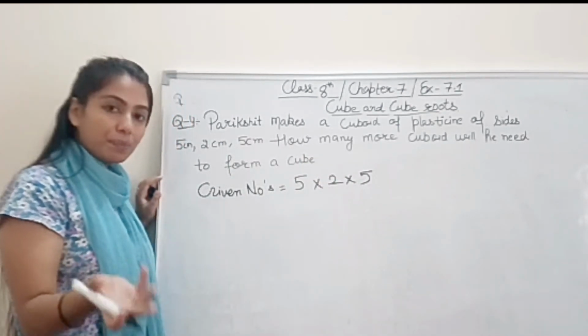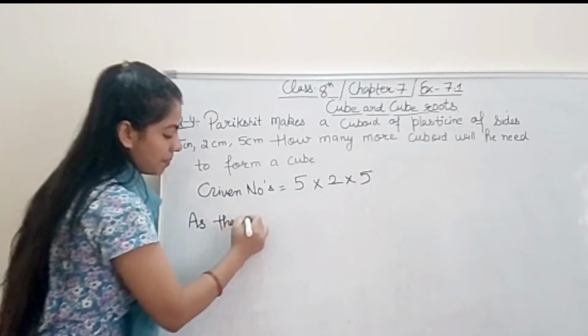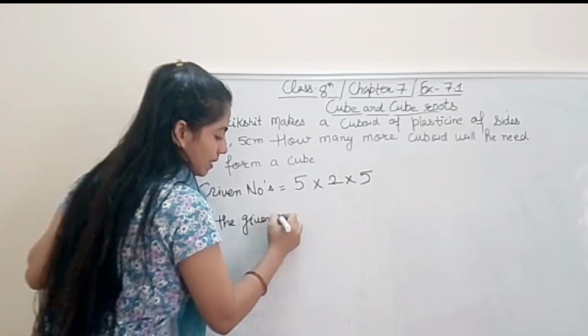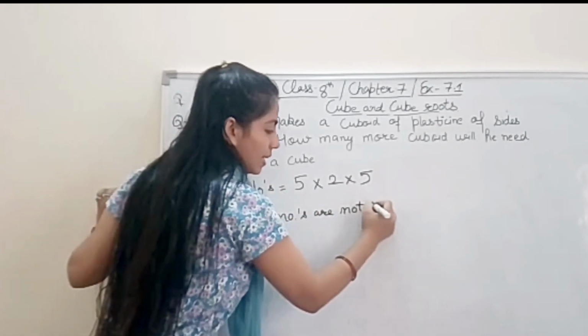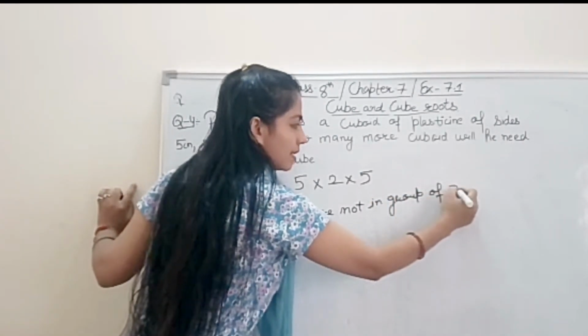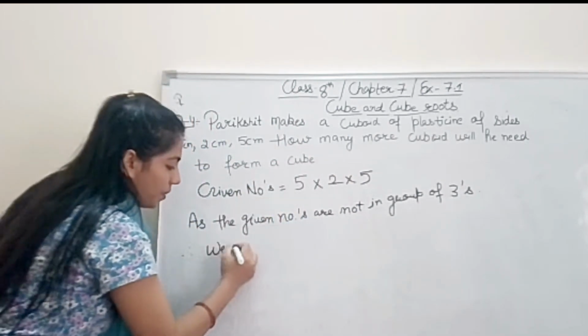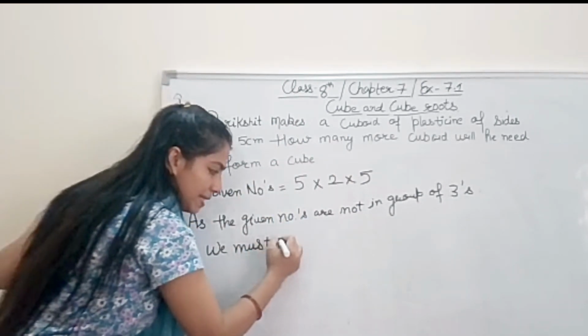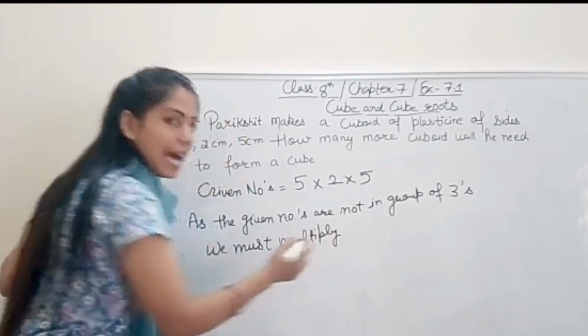But we required more numbers, obviously, as the given numbers are not in groups of threes, right? So therefore we must multiply, because obviously we need more, so we will multiply, student, not add.